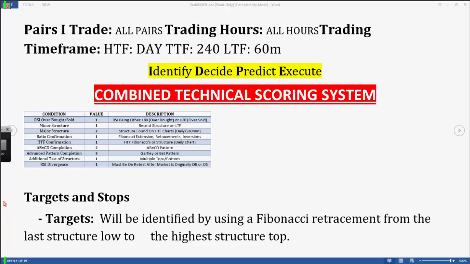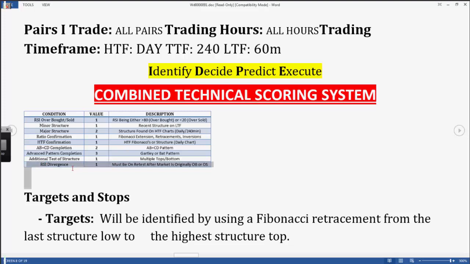You may have a conservative trader that is the exact opposite. When I first started trading CTS, I was the exact opposite. I had requirements. So here's what I needed to have, right? No matter what my score was, I needed the RSI to be overbought or oversold. I needed to have some type of structure. I had to have RSI divergence, and I required a double top.